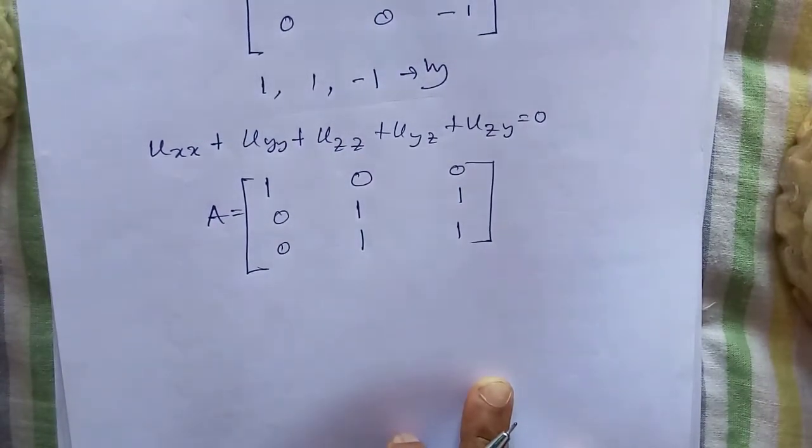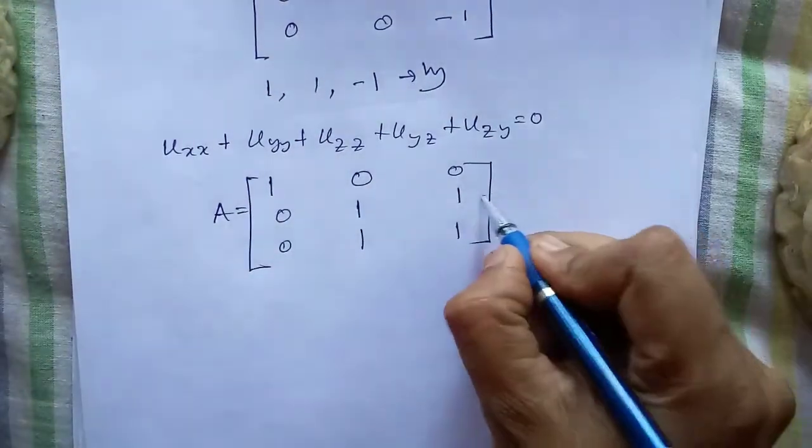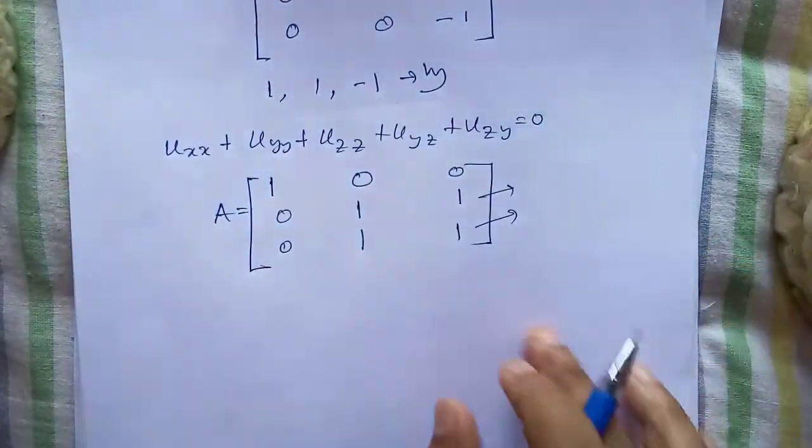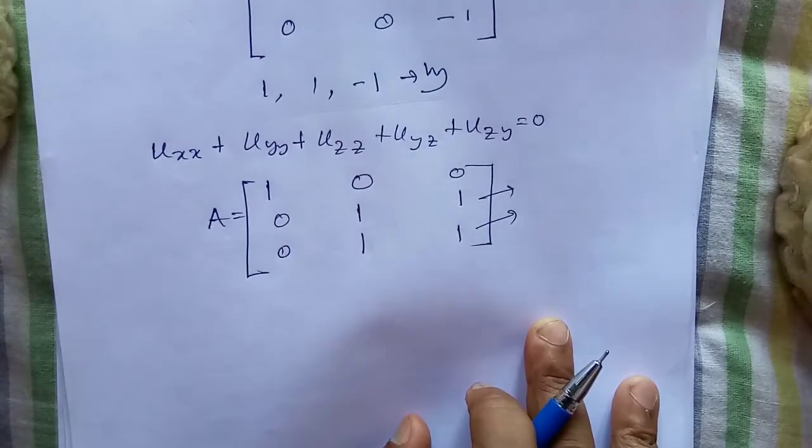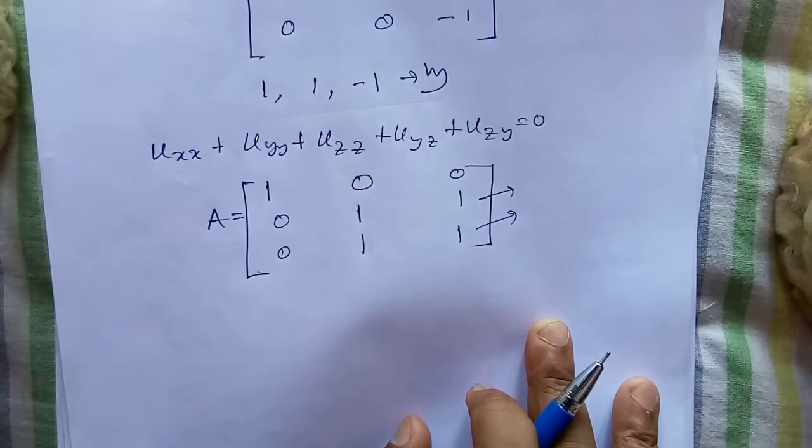We need to find the eigenvalues. First we see that these two rows are similar, and similar means the determinant of A is equal to 0, that is, at least one eigenvalue is equal to 0, so this will be a parabolic one.